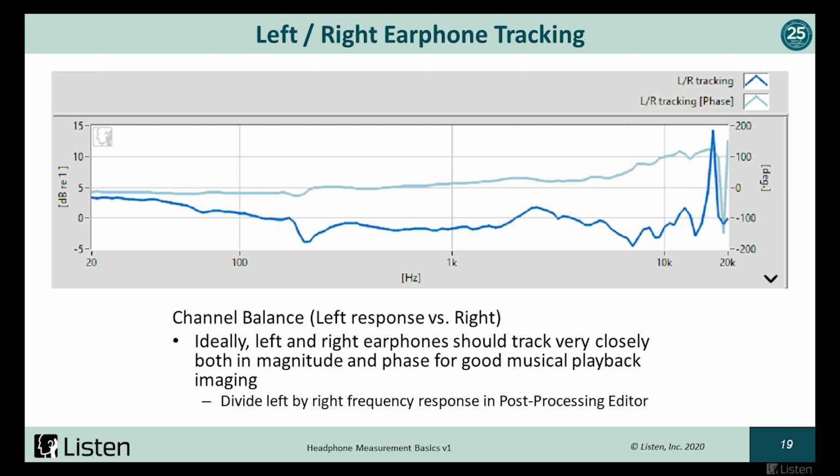So there is a technique where you can try to insert them at the same depth using acoustic delay. So again, if we want to do virtual reality, to reproduce sound in space, we want to make sure that the left-right balance is very good. And we can do this very easily in SoundCheck using post-processing.